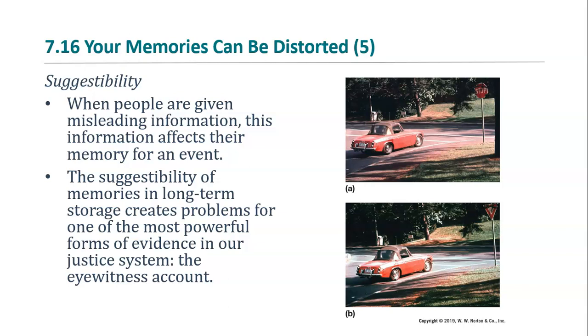What is surprising is a week later, each group was asked, did they see broken glass on the ground? There is no broken glass in the video, but nearly a third of those who heard the word smashed recalled seeing broken glass from the headlights. Nobody from the group that heard the word hit remembered this. So just by changing one word in the question, they were able to create a false memory in a third of people.